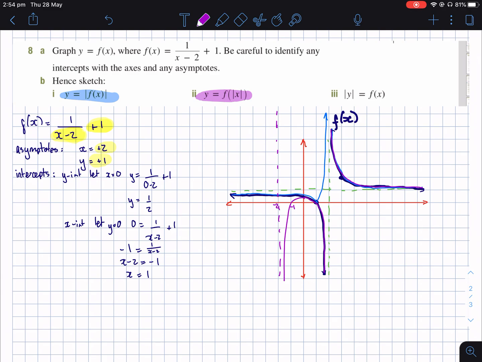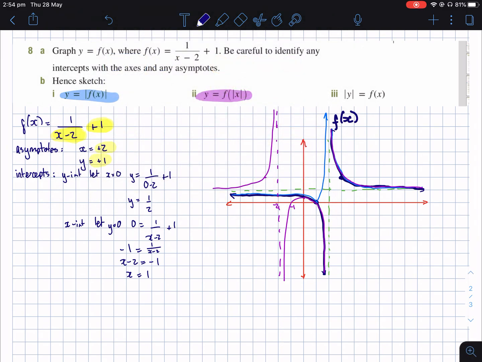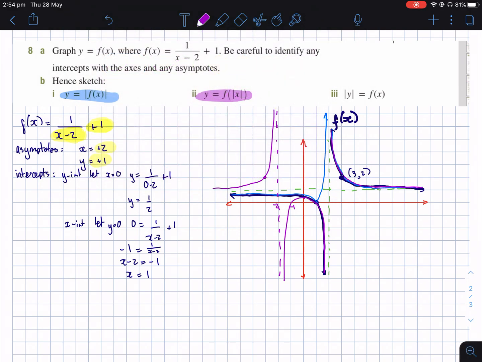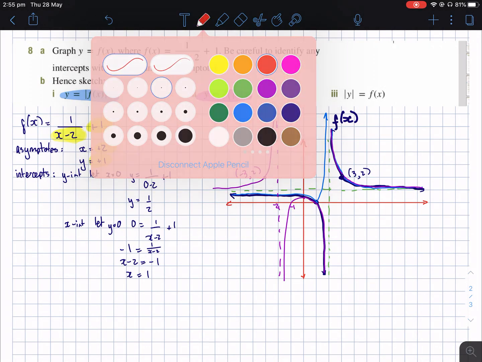And we're going to have it coming around here. And this point will be, this one was 3, 2. So this one will be negative 3, 2. It'll be like that. Oh, and don't do this one.